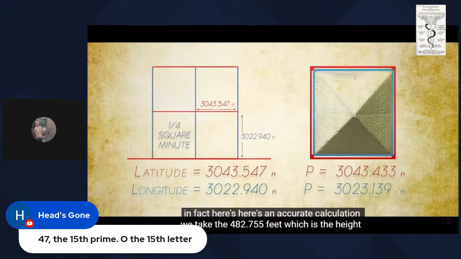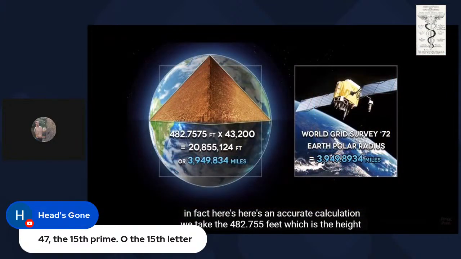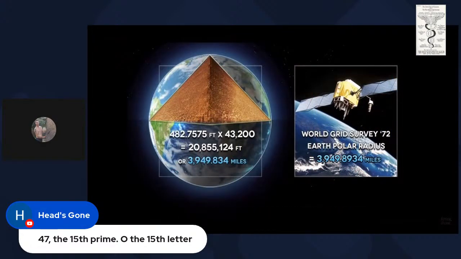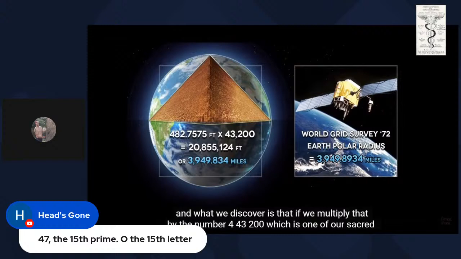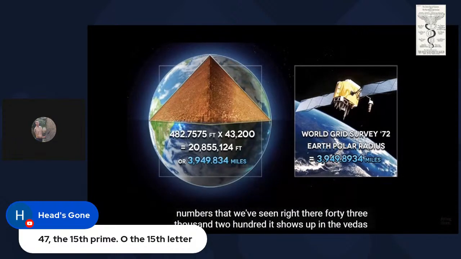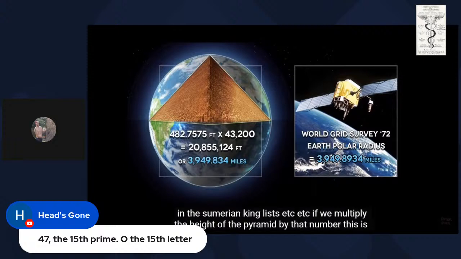In fact, here's an accurate calculation. We take the 482.755 feet, which is the height, and what we discover is that if we multiply that by the number 43,200, which is one of our sacred numbers that we've seen right there, it shows up in the Vedas and the Sumerian king lists, etc., etc. If we multiply the height of the pyramid by that number, this is what we come out with, 3,949.83 miles.